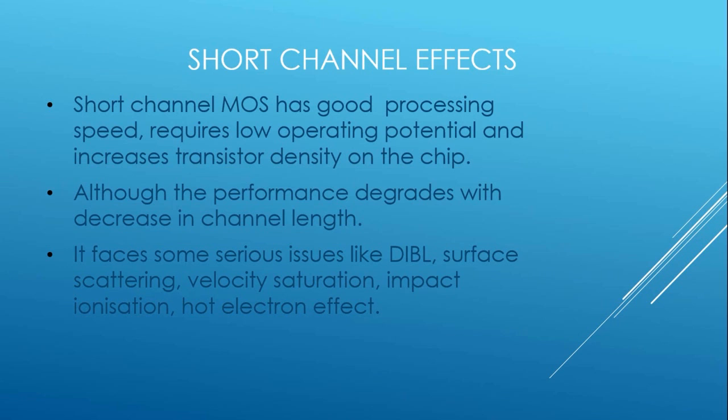How? That we'll see later on. And it increases transistor density on the chip. Of course, if the whole device is shrunk, you can fit more and more FETs on the same area of the chip.